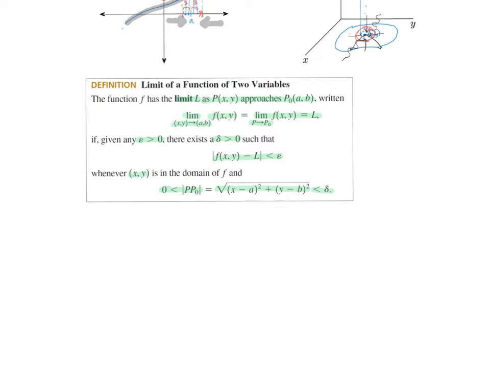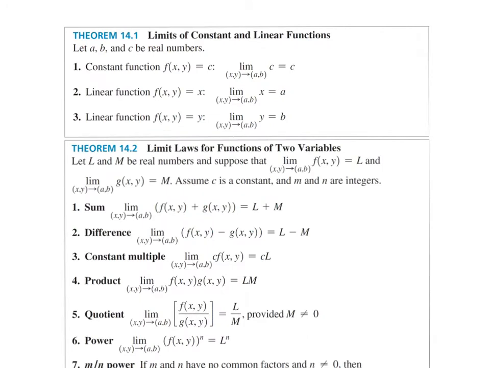But basically what we're saying is in multivariable calculus, sometimes it can get a little bit tricky to compute our limits. So let's look at some properties that we have with limits, and these are going to be the same properties that we had with single variable calculus. So number 1, if you take the limit of a constant, it's equal to the constant. 2, if you take the limit of a single variable x, it's going to be equal to the a value that x is approaching.